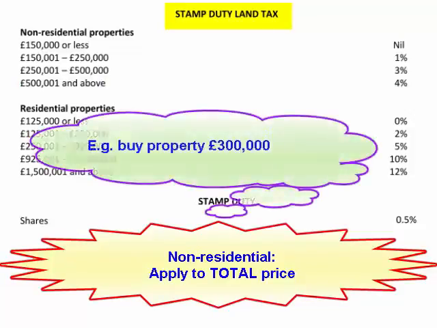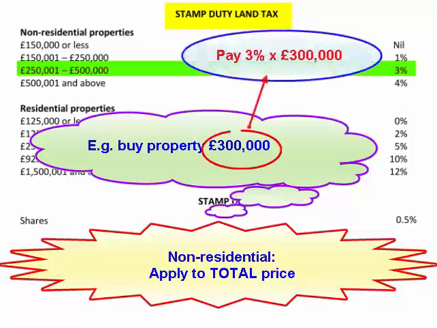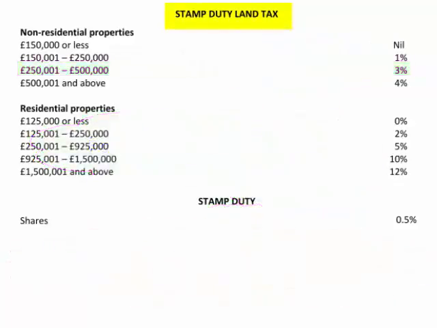So if, say, we bought a property for £300,000, we look at which band that falls into, and that's between 250,000 to 500,000. So we use 3% and we apply 3% to the full £300,000. We don't get the benefit of the 0% band or the 1% band. Now that's for non-residential properties.